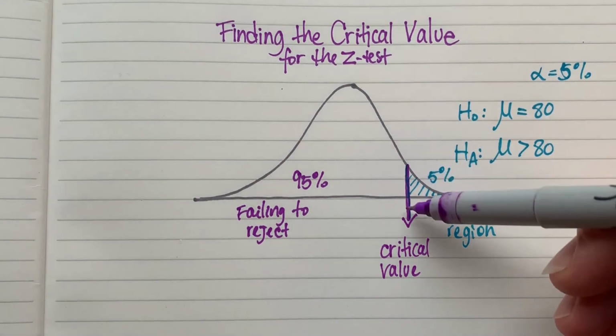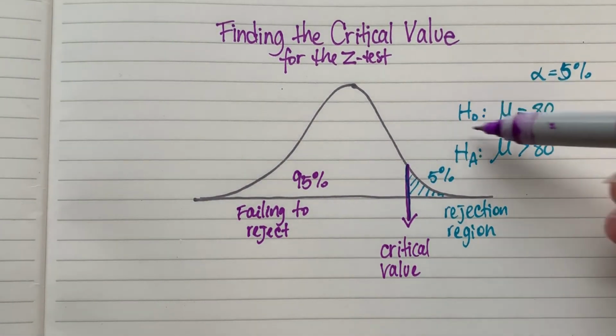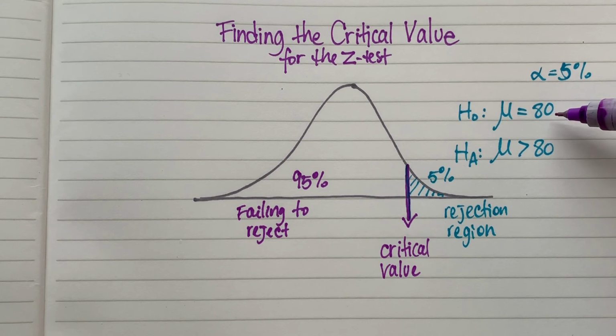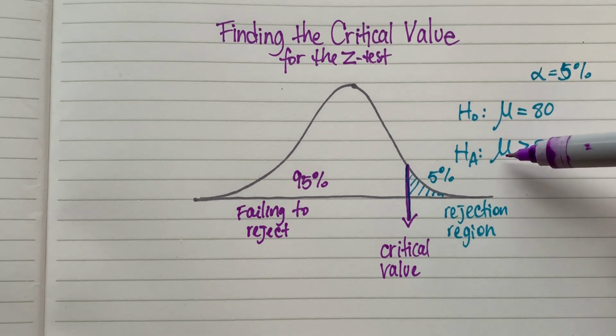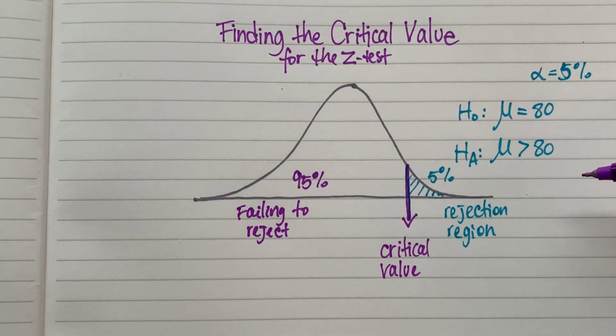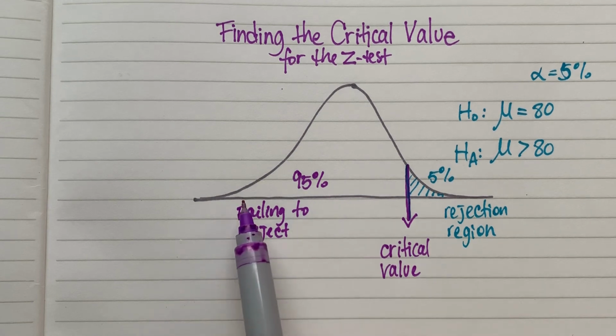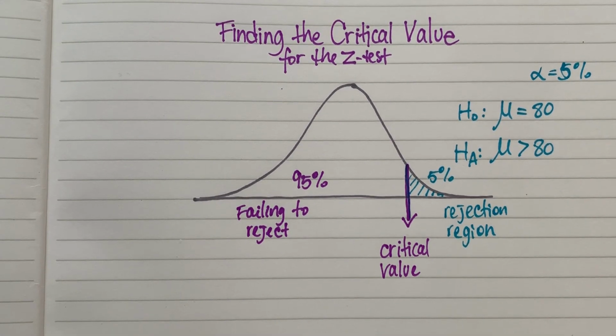Well, if you're exactly on the critical value, you didn't clear it. You're still here, so you should fail to reject. But if you are beyond the critical value, then you are significantly different. We will talk more about the three different kinds, whether you have a right tail test, a left tail test, or a two tail test, in the next couple of videos.